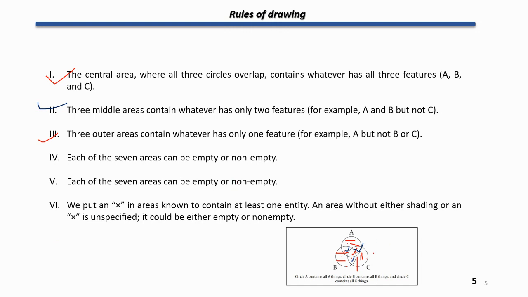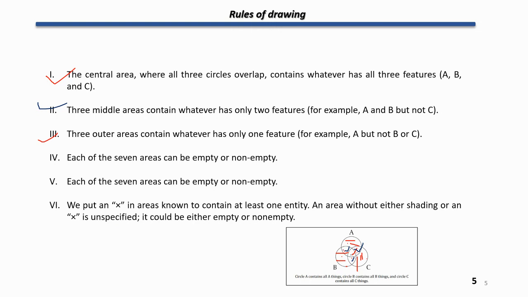Now we put a cross in the areas known to contain at least one entity. Cross means there is something common between them. An area without either shading or a cross is unspecified. When there is shading, it means no common portion is there.